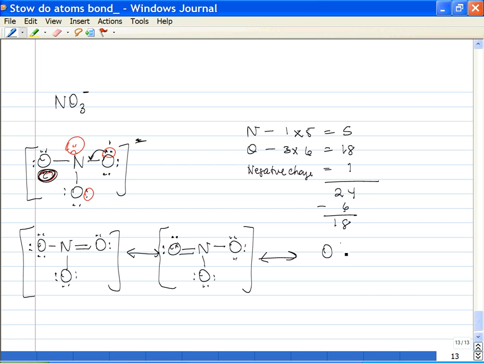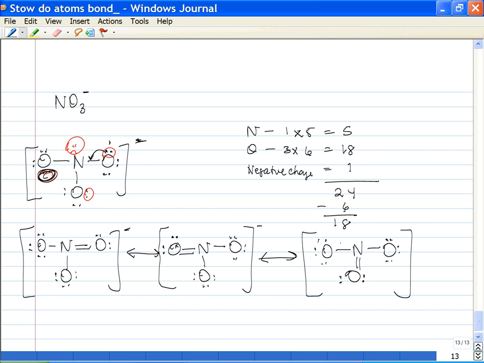So this is what we call resonance. We can have a double bond in either of those 3 positions.